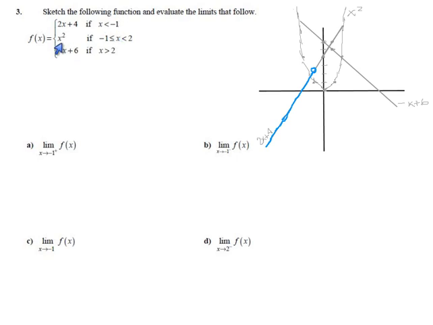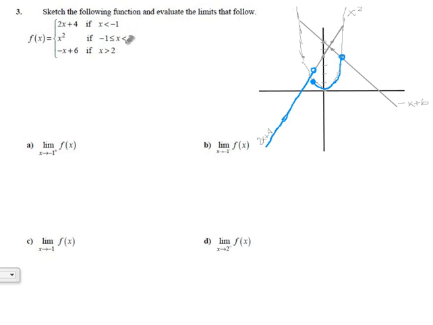What happens next? From negative 1 up to 2, we follow the parabola. So there's negative 1, solid dot because they said equal. We follow the parabola all the way through 0, up to 1, and at 2 here is where the parabola cuts off.